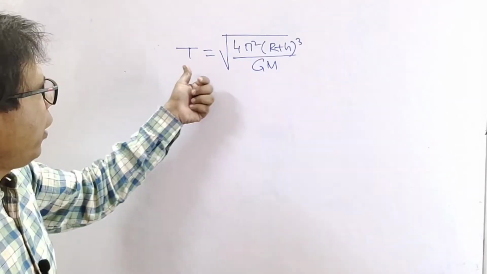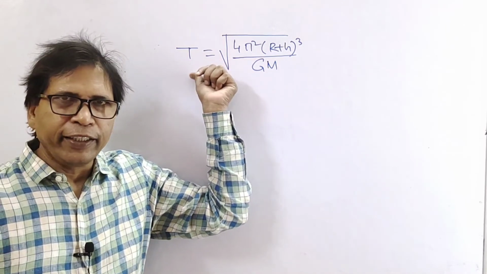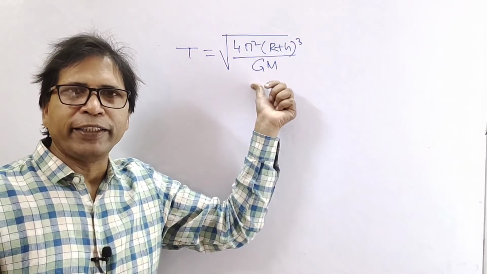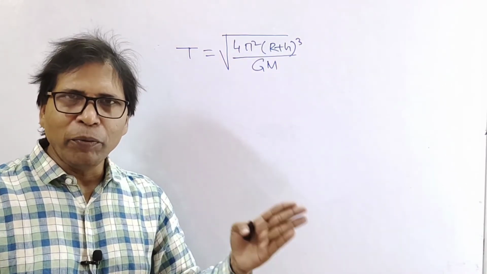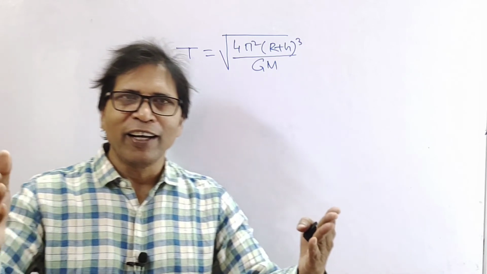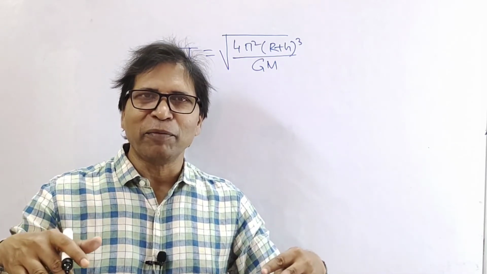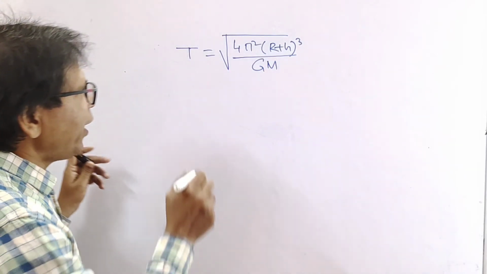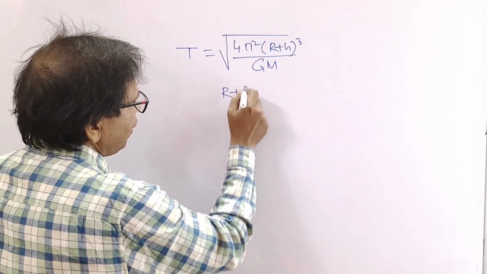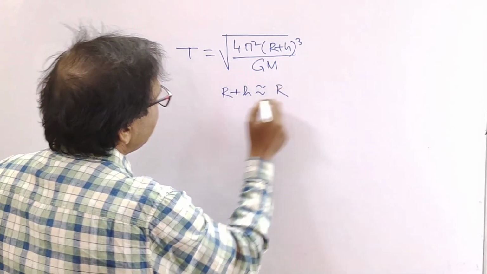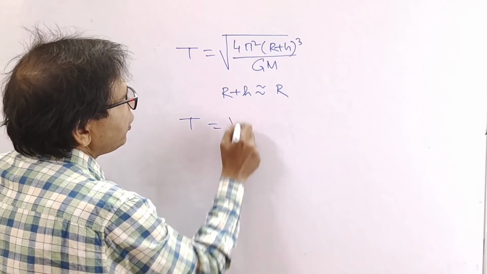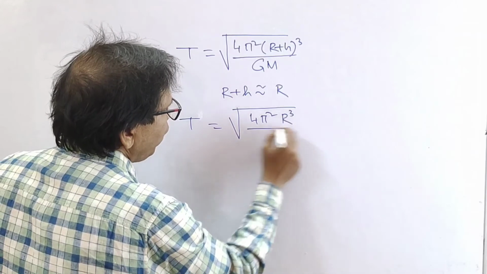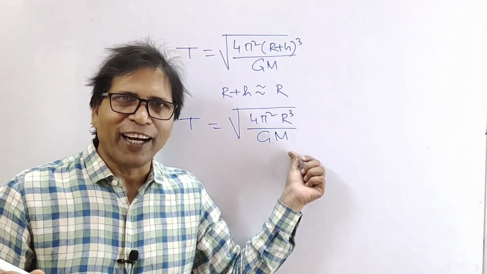Okay, understood? Now the period of revolution T = √(4π²(R + h)³/GM). The period of revolution becomes minimum when the orbital velocity is maximum, that is, the satellite is very close to the earth's surface, where R + h is almost equal to R. So T = √(4π²R³/(G × mass of the earth)).